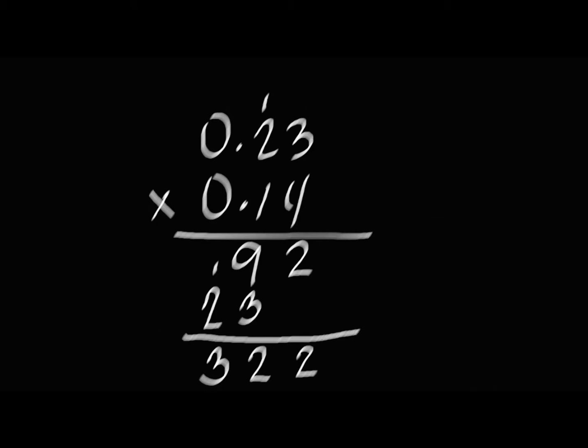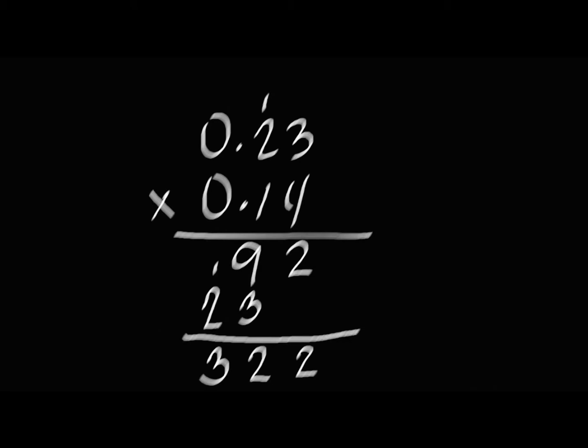Affix our decimal point. So that we'll know where to affix our decimal point, let's count the digits after each decimal point. In our multiplicand, we have 1, 2. We have also 2 in our multiplier. All in all, we have 4 decimal places.